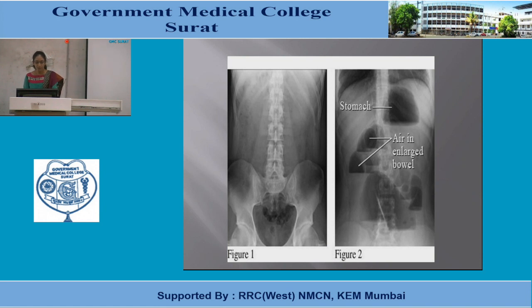this X-ray KUB, or X-ray abdomen supine, showing the region of kidney, ureter and bladder. It shows the lower ribs, lumbar vertebra, sacrum and bony pelvis.